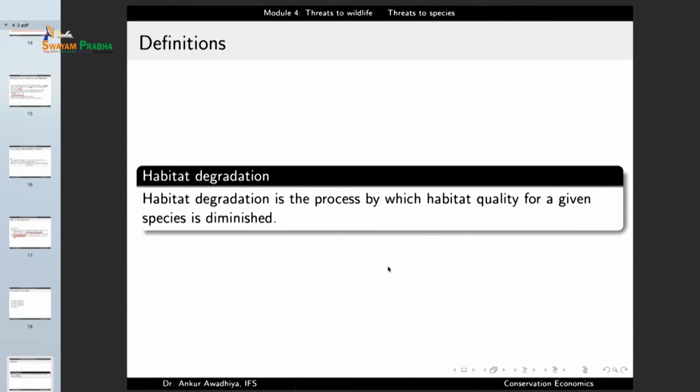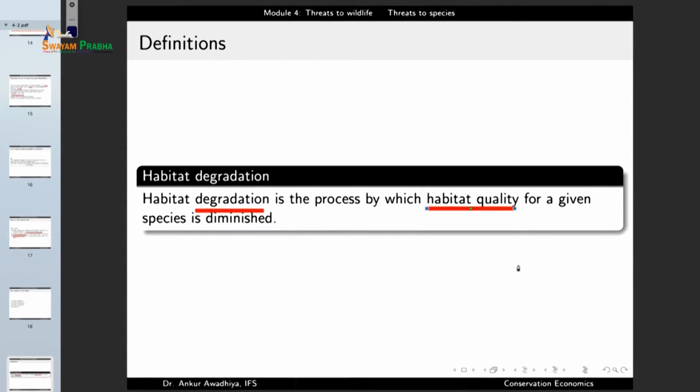All four of these are different, but they have a very similar impact in reducing the habitat that is available for the species. So let us look at these one by one. Habitat degradation is the process by which the habitat quality for a given species is diminished. So, in the case of degradation, the habitat quality goes down.